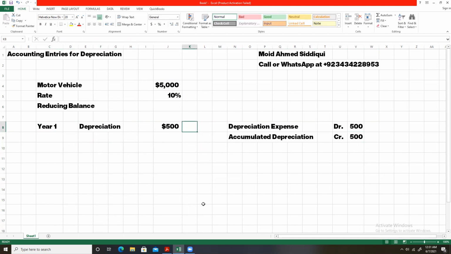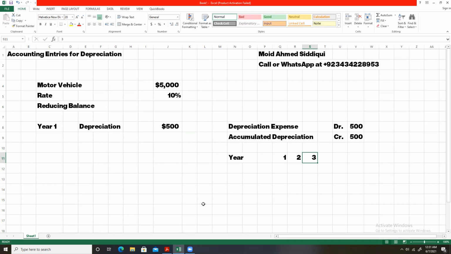Now, since a depreciation of $500 is charged in the first year, let's make a table: year one, year two, year three.